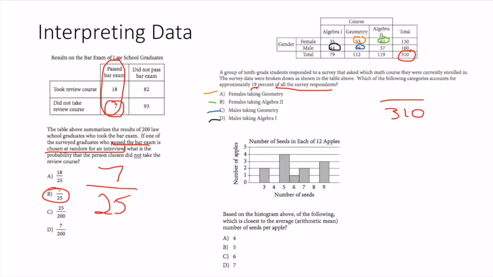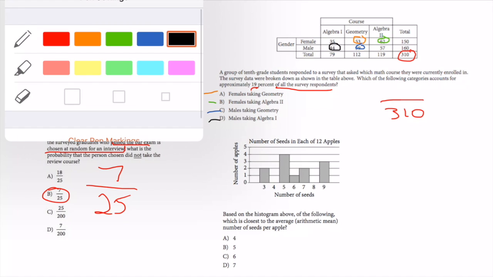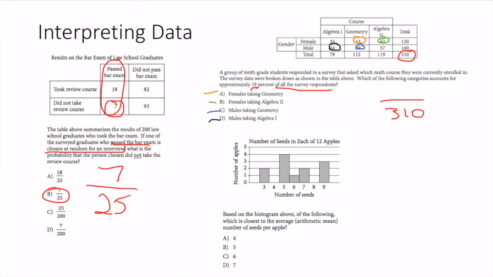So two ways to do this. There's a long way and a short way. I'll do the long way first. The long way would be to take all these numbers, 53, divide them by 310, and see what percentage that is.